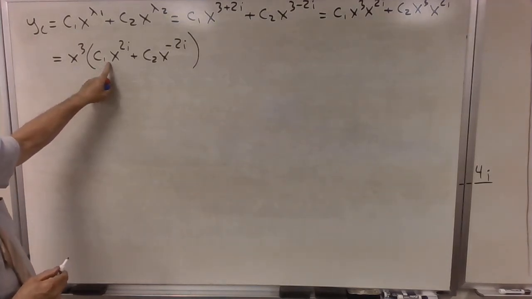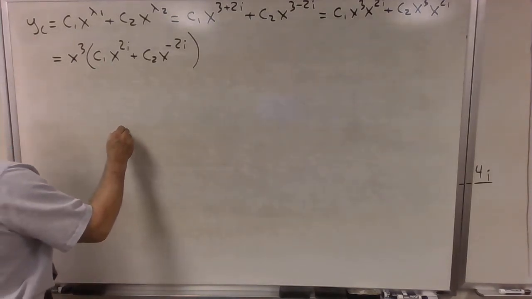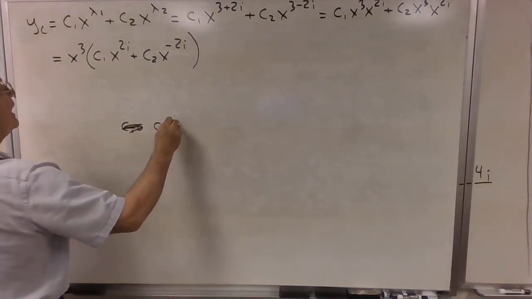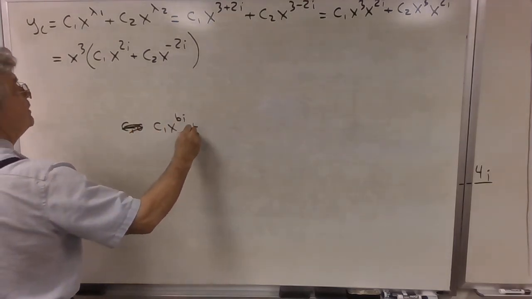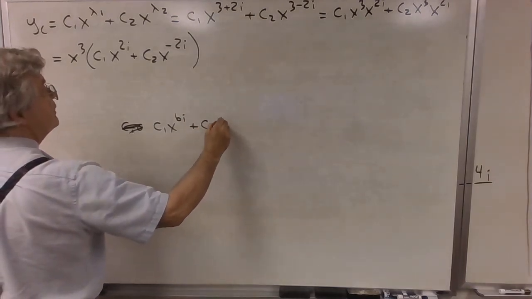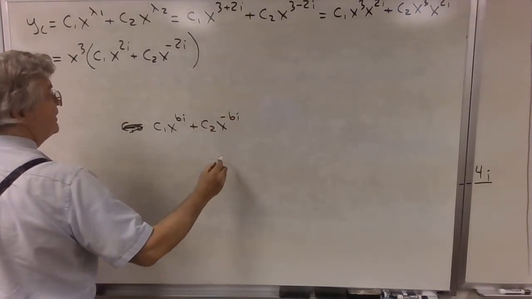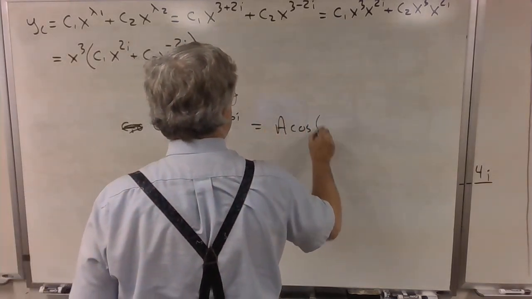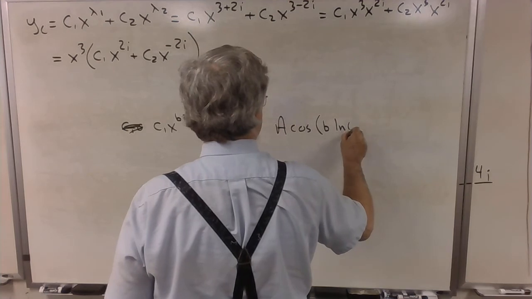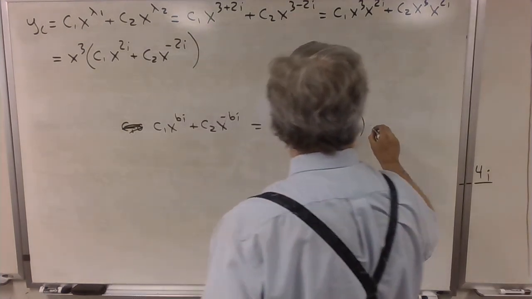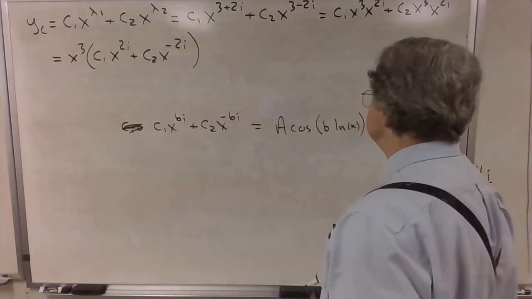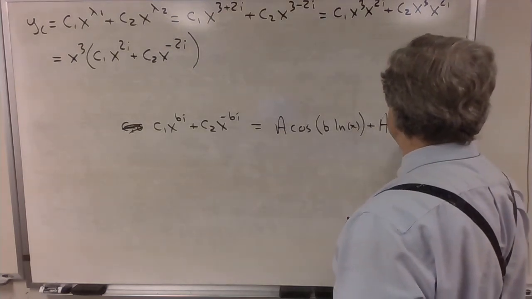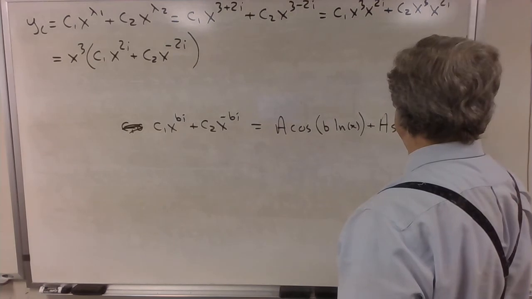And if we have, remember this, C1 x to the bi plus C2 x to the negative bi, that's going to be a cosine b natural log of x plus a sine b natural log of x.